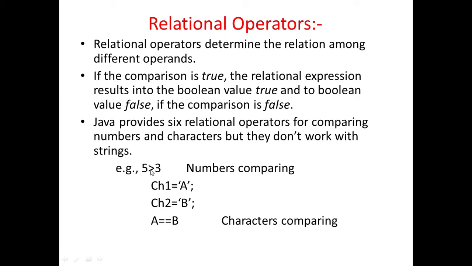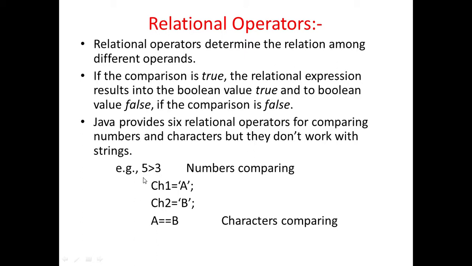This is a relational operator, and it allows us to determine the relationship among these two operands, 5 and 3. What is the relationship between these two numbers? 5 is greater than 3. So they tell us about the relationship between the two operands.